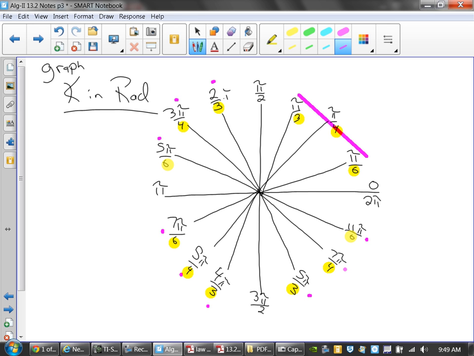All right, here's what we've got to do then. Let's say I want to graph and find coterminal angles that are in radians.